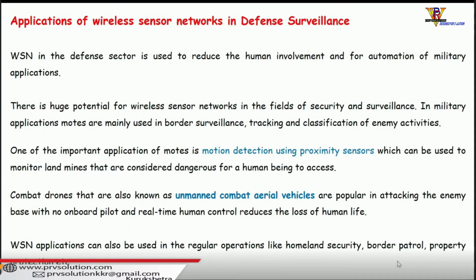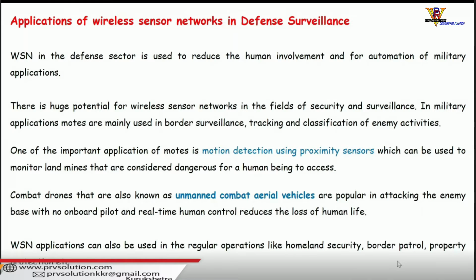So, to detect the presence of landmines, we can take help of sensors. And with the help of wireless applications, we can detect them easily. So, that is the use of wireless sensor applications in defense surveillance.